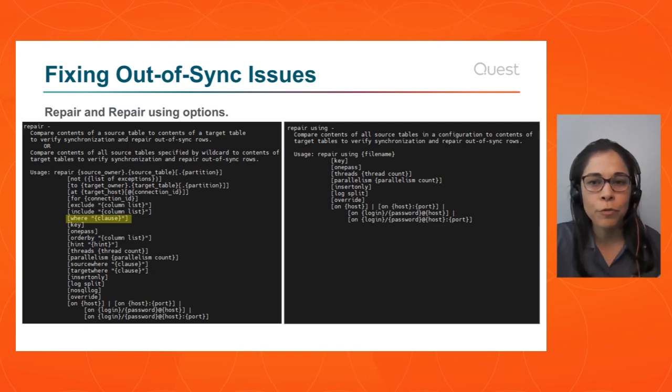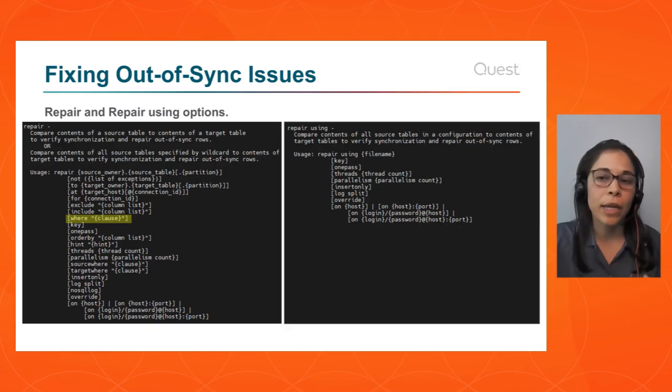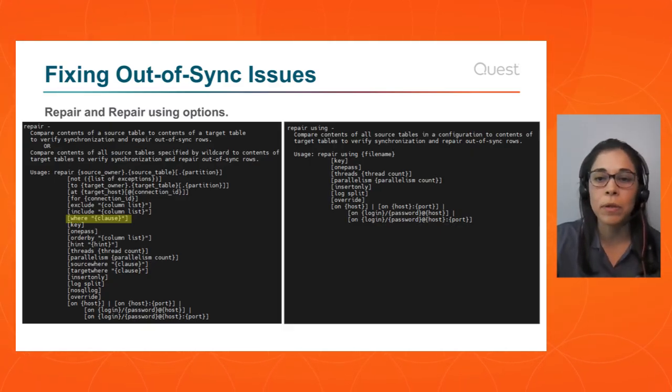This is a similar view for the repair and repair using. The most common option here is the where clause. Usually, customers use it to filter specific rows that need to be repaired. For example, if the table has a create date or a last update date, you can use those specific columns on this out of sync table.